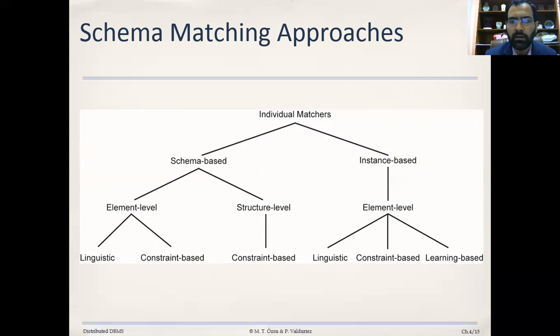Number one, the linguistic approach, is just like the NLP approach. Because it is linguistic, we go for the matching of, let's suppose, characters, matching of strings, and so on and so forth. So we'll try to match these two values.